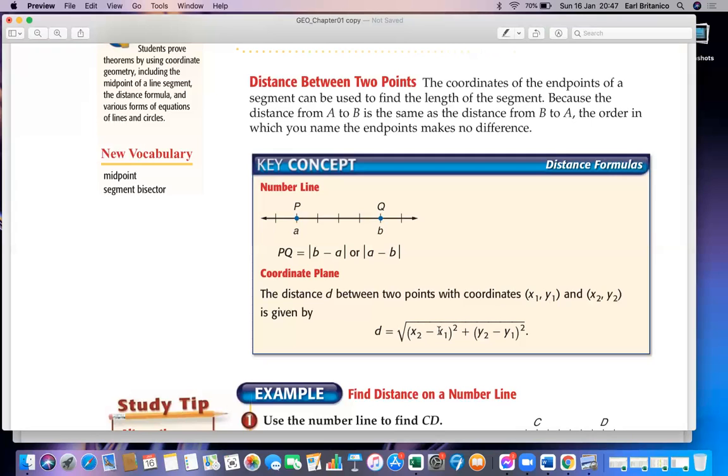So whatever your x1 is, you write it after the minus sign and close, and then squared, plus, open parenthesis, y2 minus y1. Again, it's y2 minus y1, not x2 minus y2. So you get the number here, put it here, minus, get the number over here, put it here, that's your y1. Close, and then you square.